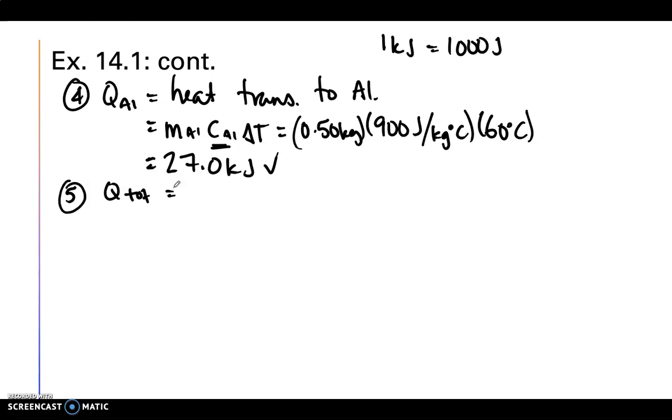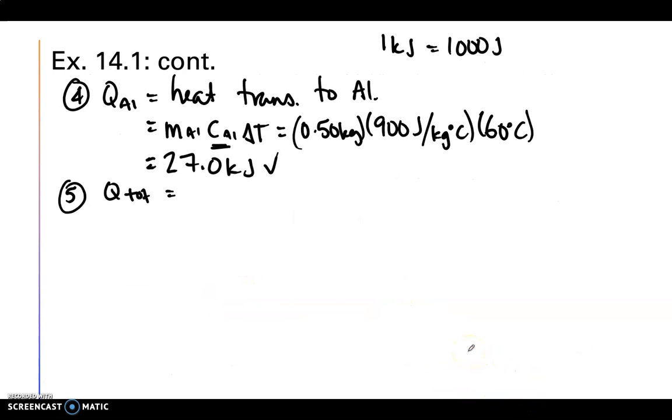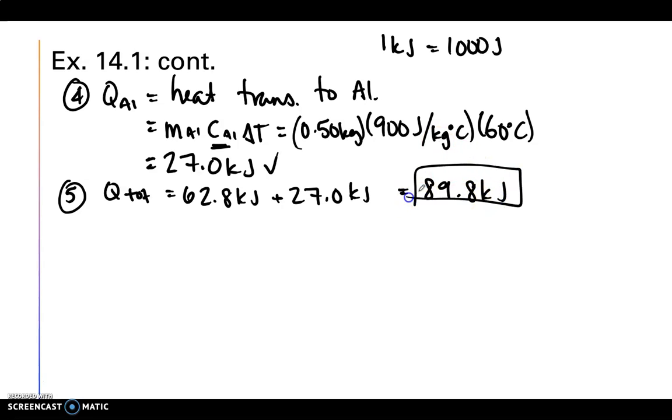Remember, that's going to be those two numbers added. So we found the first one was 62.8 kilojoules. And then we add our aluminum, which is 27.0. So our total heat is 89.8 kilojoules. Okay, that's our total heat. All right, so that was all for part A.